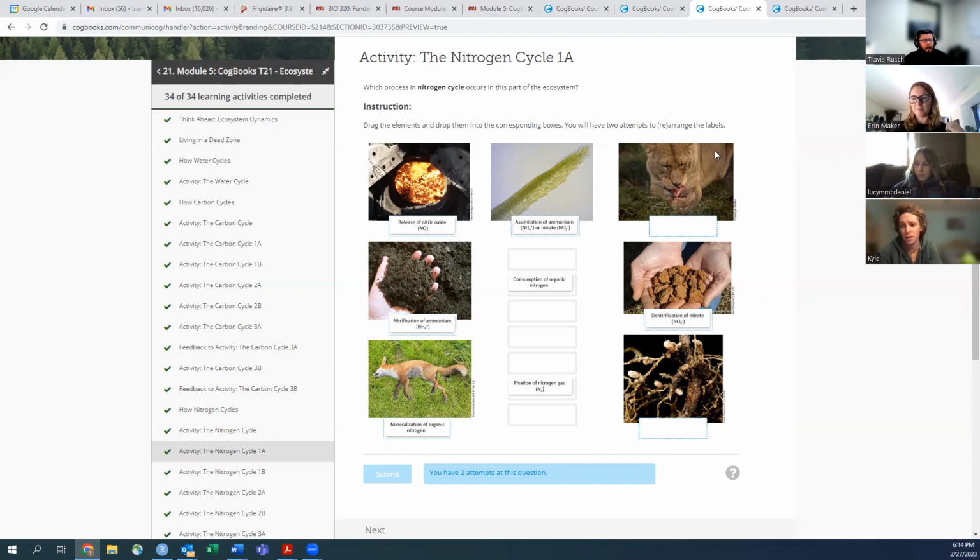Whatever, it looks like a cat, maybe an African lion to me, but an animal of some sort. Yeah, so a cat of some sort is eating the flesh of another organism, or the meat of another animal, consuming nitrogen in that way. Yeah, an animal eating meat, but that's consumption of organic nitrogen, right? So we would go with this one.